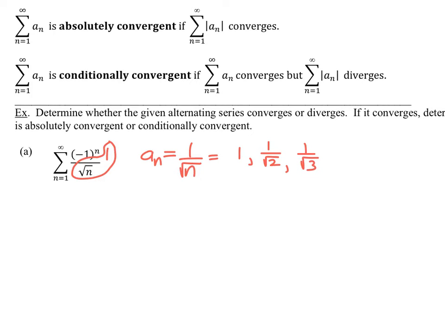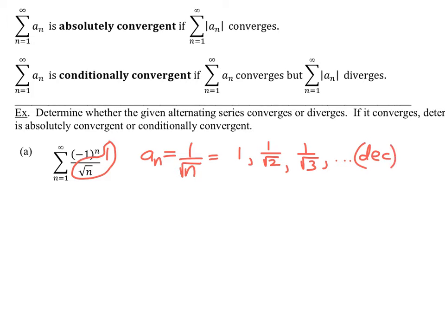We know it's alternating, so you could ditch that step because the negative 1 to the nth establishes that it's alternating. Also, determine whether the given alternating series converges or diverges. So it's really kind of letting you off the hook with that. I just need to make sure that it's decreasing, and in this case it is. All right, decreasing.